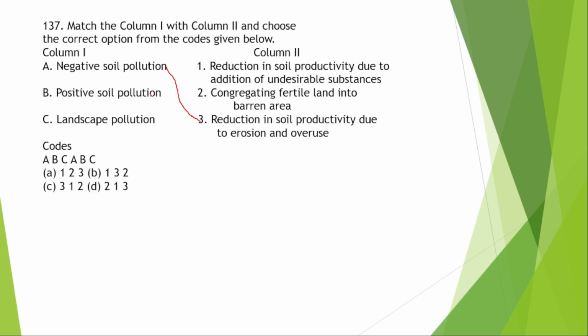Positive soil pollution, reduction of soil productivity due to the addition. This is due to erosion, this is due to addition. So B is 1. And then landscape pollution, it is conversion of fertile land into barren area. So C is 2. 3, 1, 2. Right option is C.